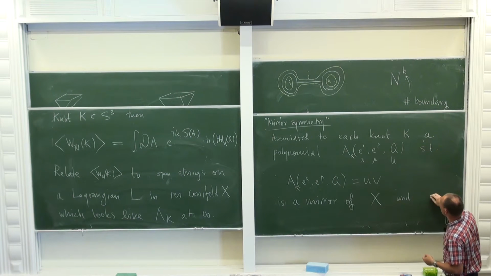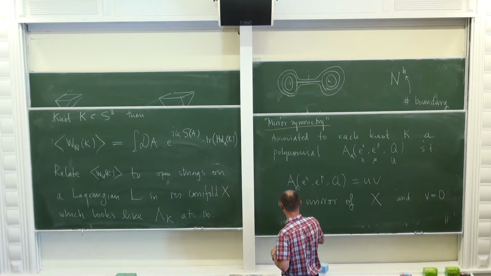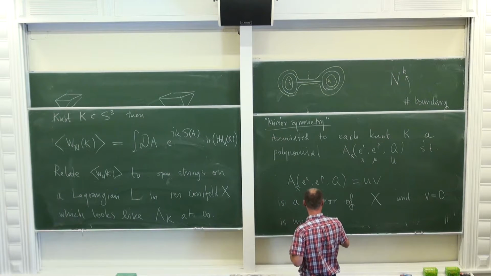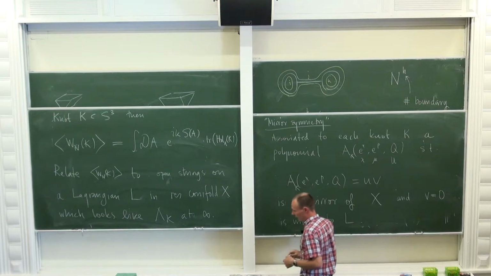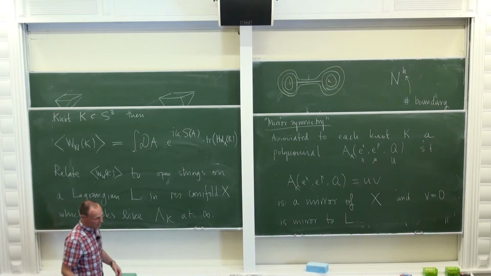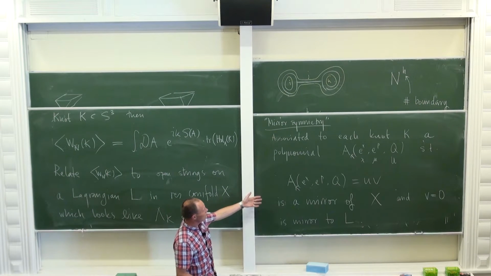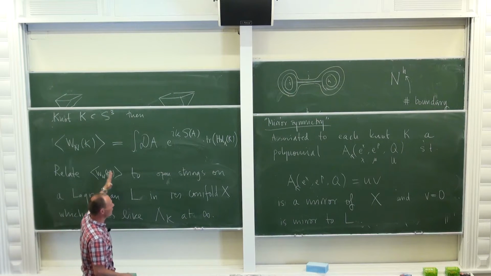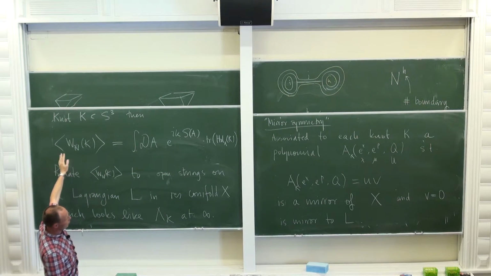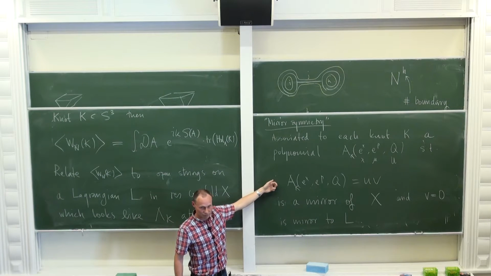somehow the locus inside here, given by b equals 0, is mirror to the Lagrangian brane L. So in some sense, what should be the case is that you can now compute everything that came from this open string theory, but you can compute it in terms of this algebraic curve, right?